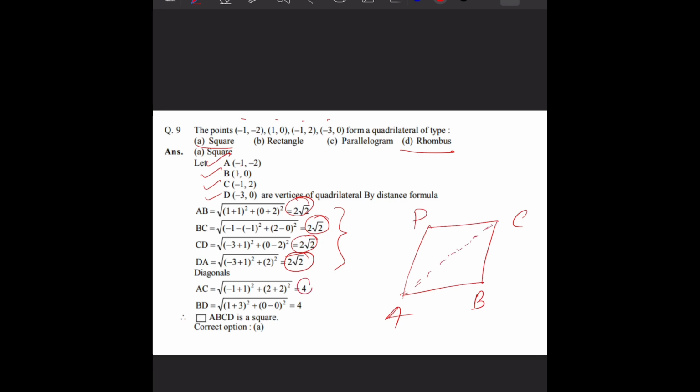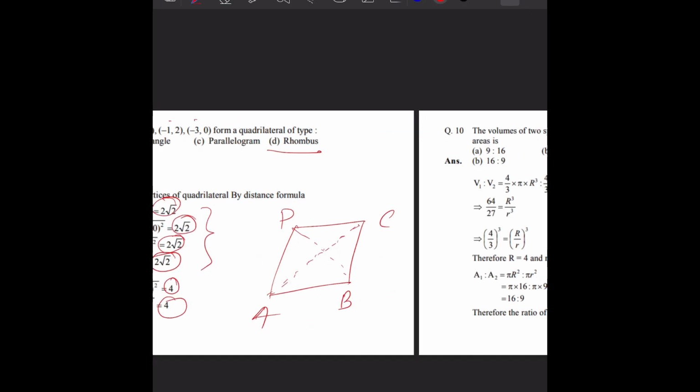By distance formula, 4. What is BD here? 4. If the diagonals are equal, then surely it is a square. Then what is the correct option? Option A is the correct answer. Moving on to the next.